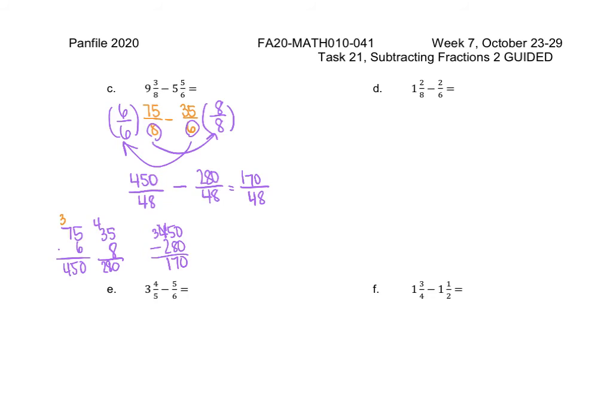All right, so we have 170 over 48. We're going to cut both of those in half. We're going to get 85 over 24. And that might just about do it.